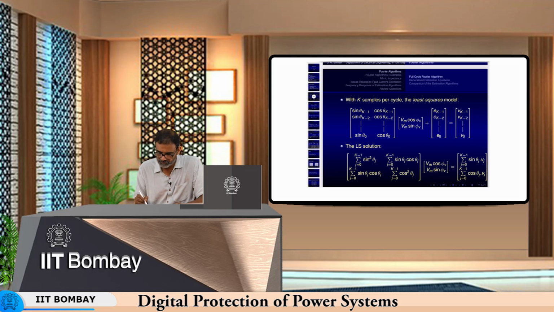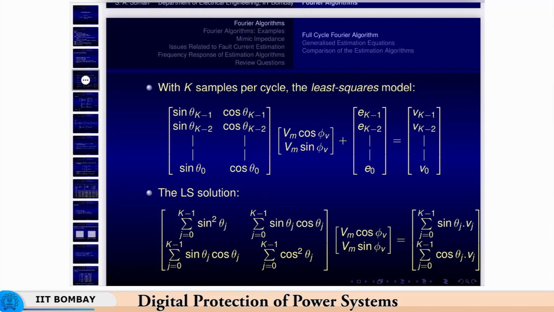Okay. So, the matrices look the same, only the number of measurements is equal to, in this case, k. So, that has increased. It could be 3, but then we are talking in a general sense of k measurements here. Okay.